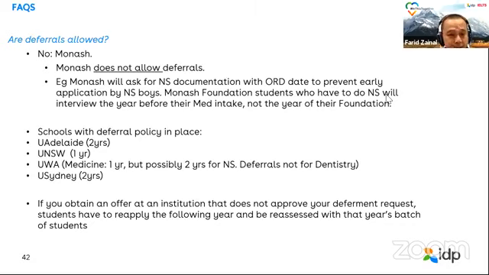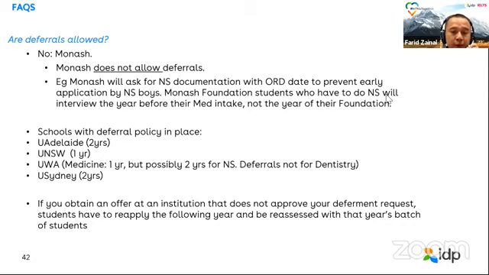For the rest of the universities, the University of Adelaide and the University of Sydney will offer deferments of up to 3 years, specifically for national service reasons, and the University of Western Australia and UNSW will also offer deferments of up to a year. Do take note that for these deferments, it means that the NS boys can attempt applying to the university 2 times.